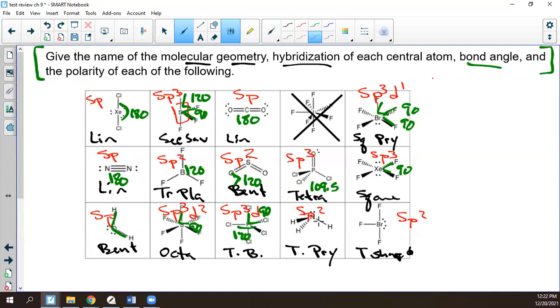This one would be, oh yeah, this is 109.5. You're right, 109.5. And then what do we have here? Well, not 190. That's not an option. No, they're 90s. Okay.